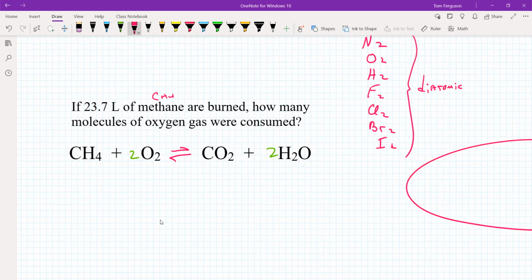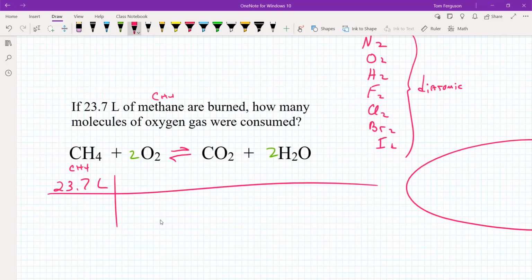Okay, so 23 point liters we start with, and that's of methane. And for our class, since I didn't mention, we can use the standard temperature and pressure relationship of gases. Now we have moles of methane. Now we need to go to moles of oxygen.